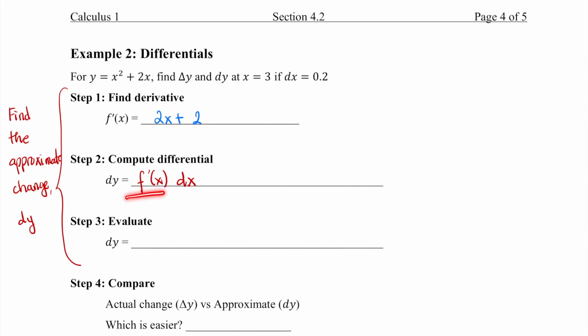I replace f prime of x with 2x plus 2 and replace dx with 0.2. So dy equals (2x plus 2) times 0.2. Step 3, I need to evaluate dy at x equals 3. So from here, I will replace x with 3.